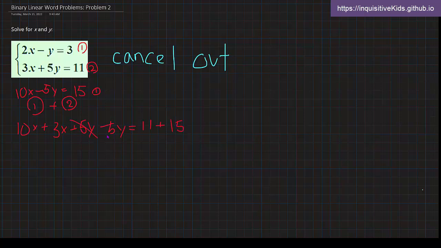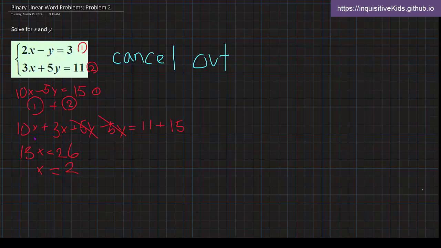So I can cancel out plus 5y and minus 5y because if you add the same thing and then subtract that thing, it's going to be gone and it's going to equal 0. 10x plus 3x equals 13x, and on the right side we have 26, which makes x equal 2. Now we can substitute this x into, say, one of these equations.